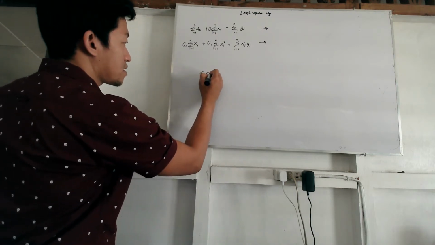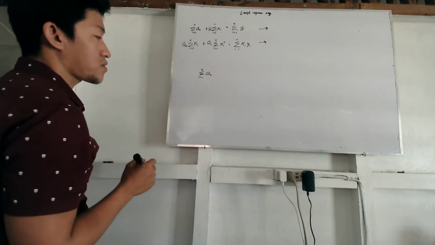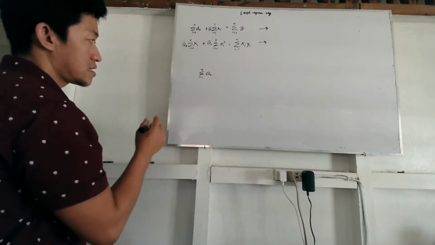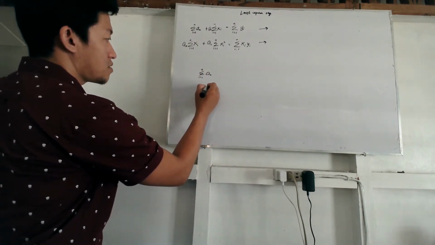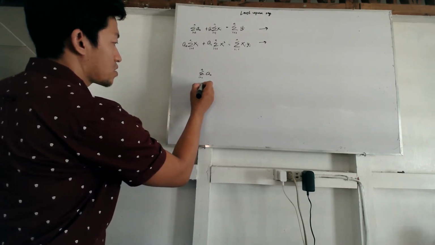Summation of a0 from 1 to n. The meaning of that is, for example, the summation of 5 from 1 to 3.